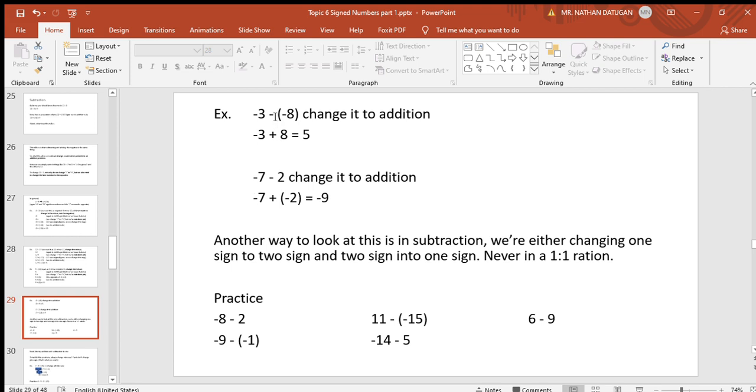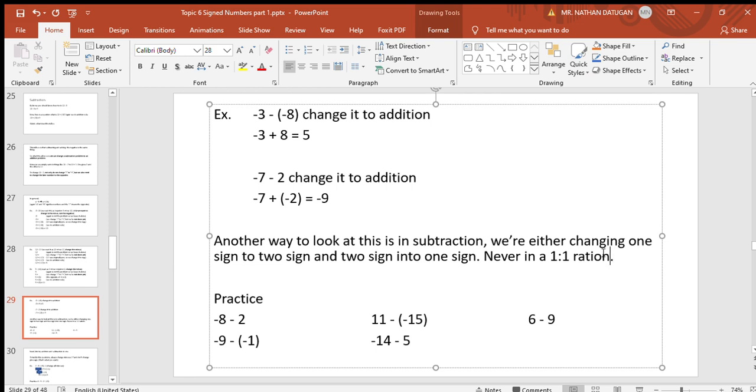So 2 signs to 1 sign or 1 sign to 2 signs. But we're never going to change in any 1-to-1 ratio. So it's never going to be minus to plus or plus to minus. It's going to be 2 to 1 or 1 to 2.